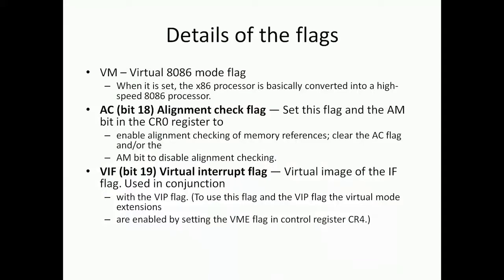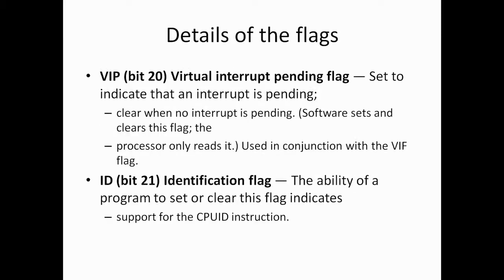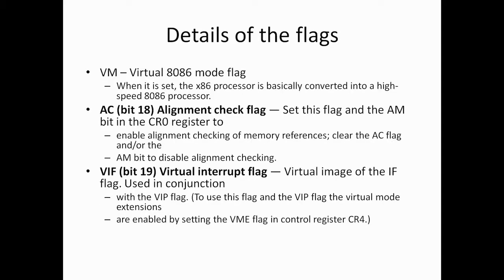Okay. Bit 19 is called the virtual interrupt flag, which is a virtual image of the interrupt flag. This is used in conjunction with the VIP flag, okay. So there is something called a VME flag in control register 4. So there are so many things, but I should tell you that all these things are much related to what you call the system management mode, right.